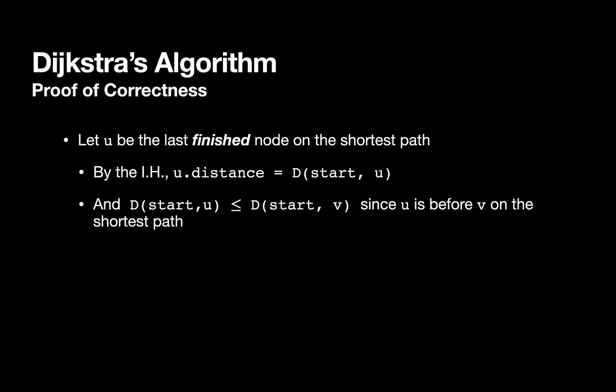And we also know that the distance from the start to U has got to be less than or equal to the distance from the start to V, since U is before V on its shortest path.